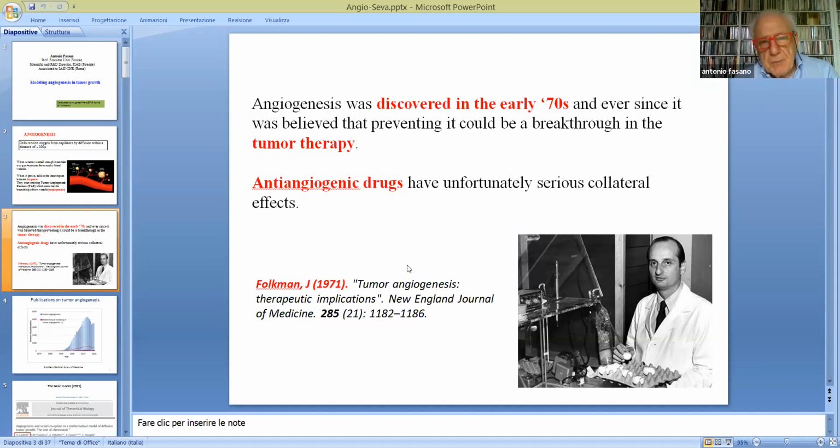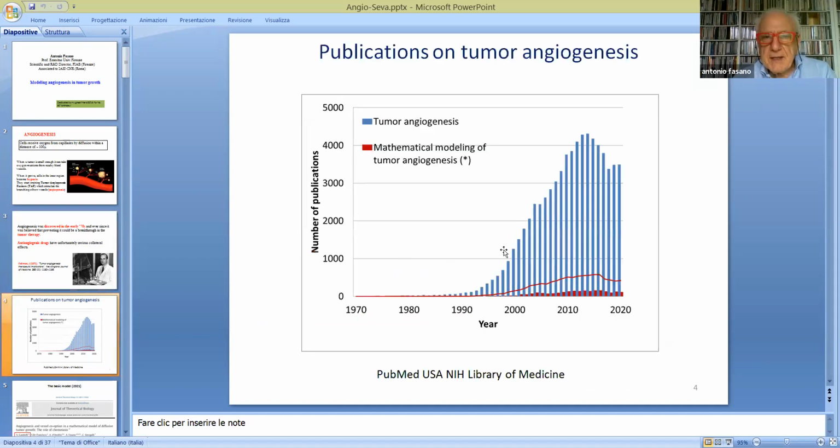So the problem of how to control angiogenesis is still open, and is still very hot. And this is a plot showing that in recent years, the research has concentrated very much on this topic. The blue line are the medical papers, the red line are the mathematical papers.